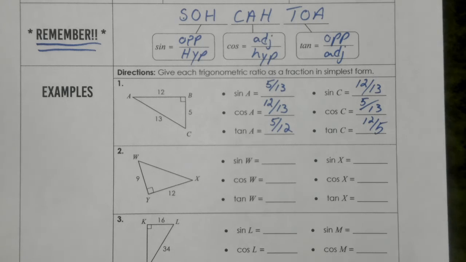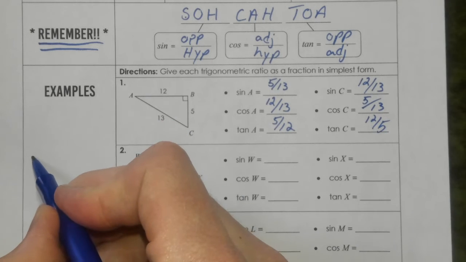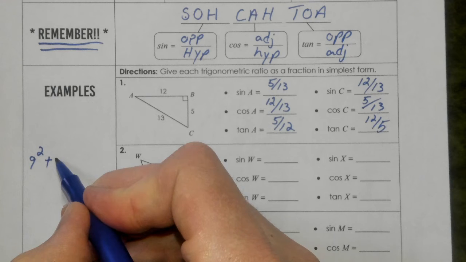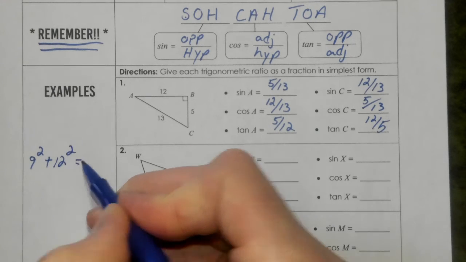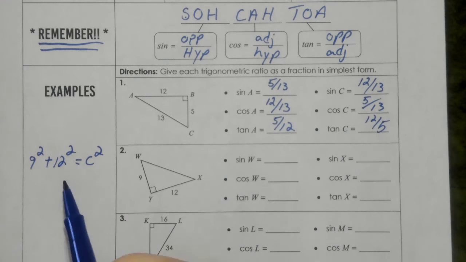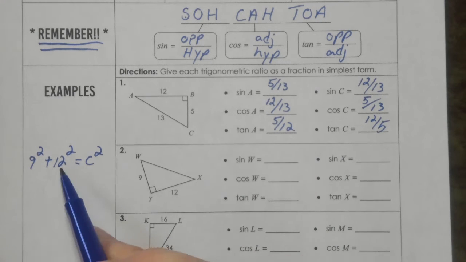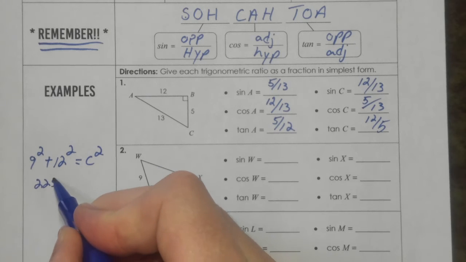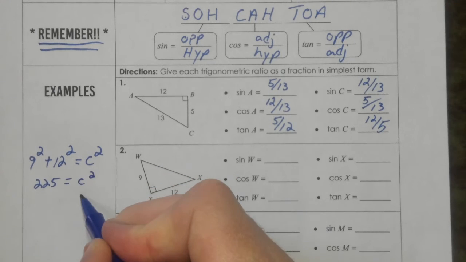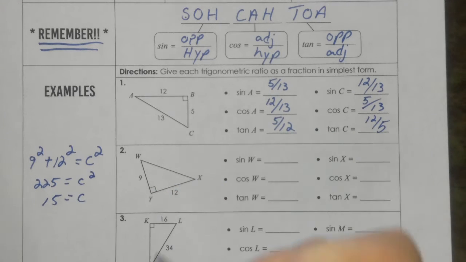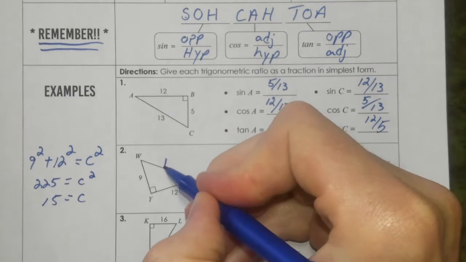So hopefully we remember that anytime we're missing a side of a right triangle, we can just use the Pythagorean theorem to find the missing side. 9 squared is 81, 12 squared is 144, added together, that's 225. If I take the square root of both sides, I get that C is 15. So I'm going to write that in.